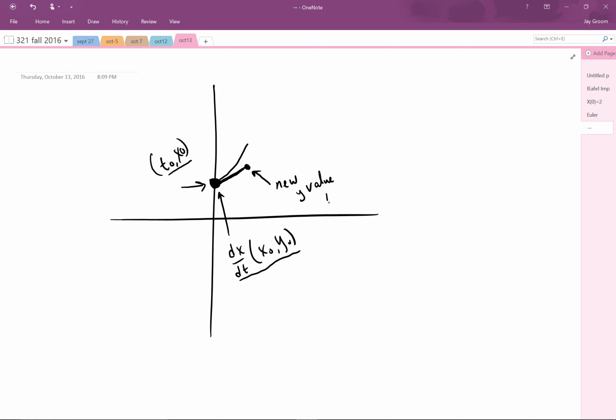So this, of course, will be t naught plus the step, comma, and now, what's it always been? It's always been y, the new y value. I'll call it y1. This is the y from Euler.